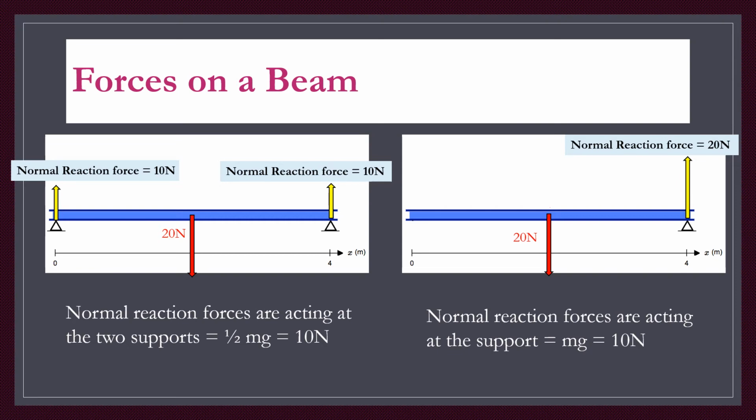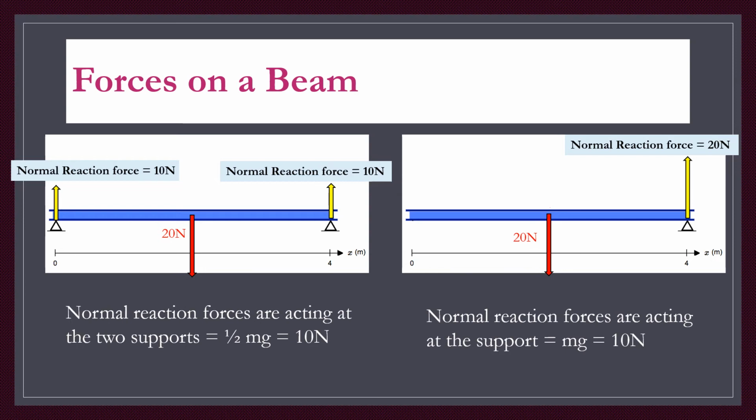Forces on a beam. Normally, the weight of a beam acts at the center of gravity. So if the weight of this beam is 20 newtons, look at figure 1, the first figure. It has two supports at the two edges of the beam.